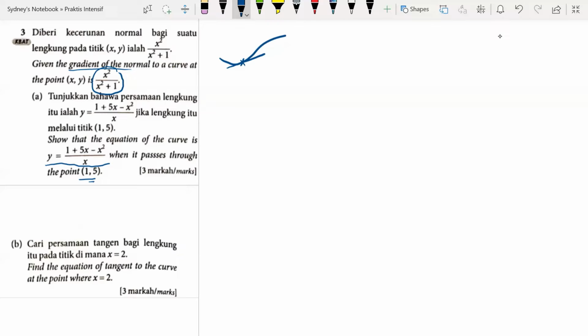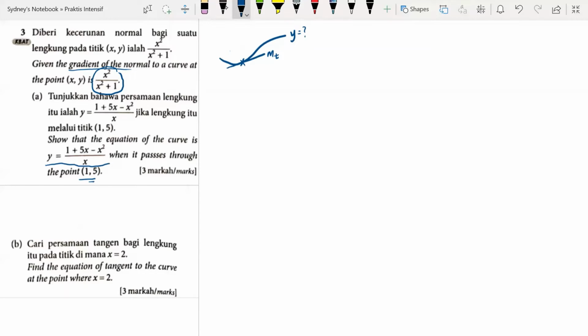So over here, y. Now, we don't really know what that is. We have to prove that the equation is given by 1 plus 5x minus x squared over x. So we assume that we don't have y first. And then we have the gradient. Normally, we write down the gradient of tangent, but it's not given. Then we mark down the point, but according to part A, the point is 1, 5.